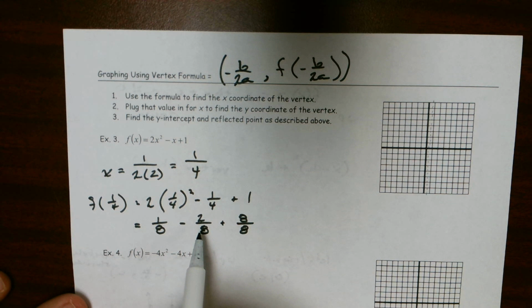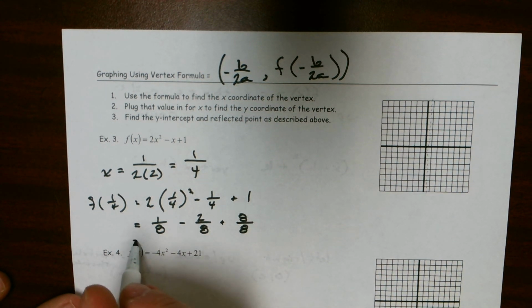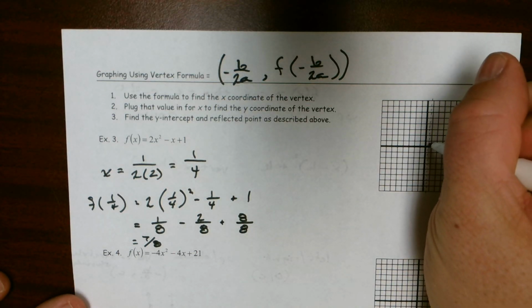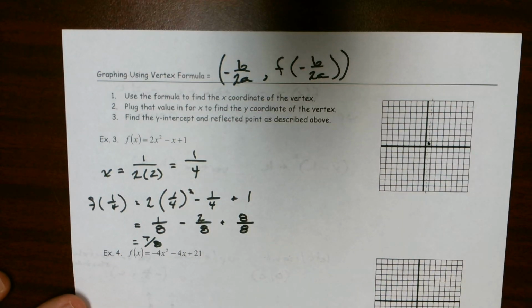So 1 minus 2 is -1, plus 8 is 7/8. So (1/4, 7/8). Your vertex should be about right there.